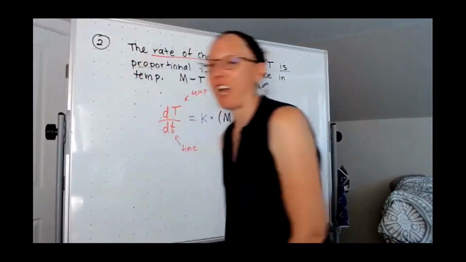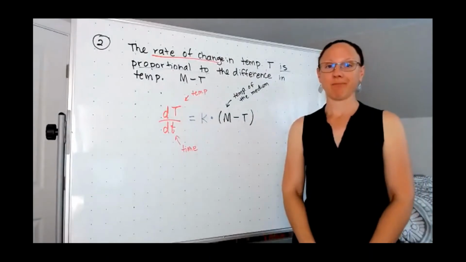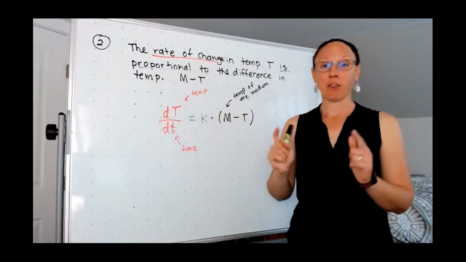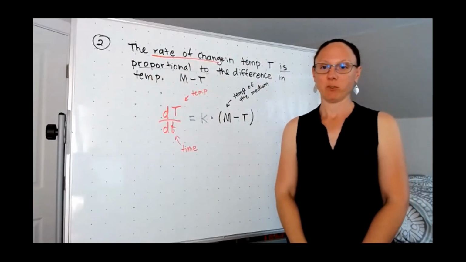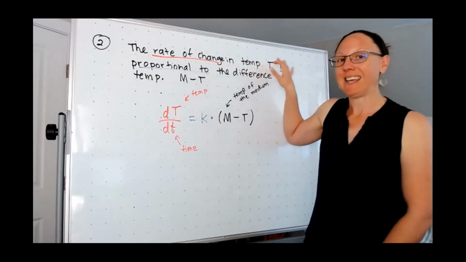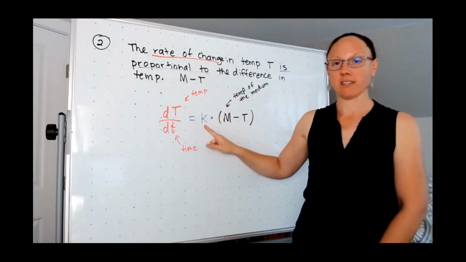Now there's a question in the chat about will there always be a constant times the rate? This phrase is proportional to means there is a constant in there for sure. If this just said the rate of change in temperature T is equal to, then we would not write the constant.